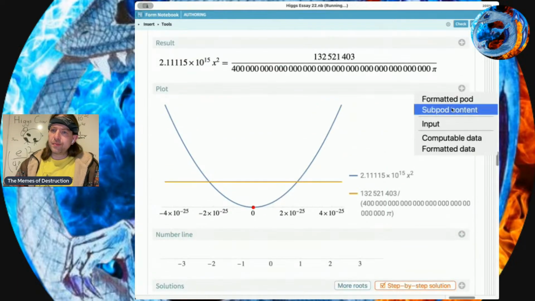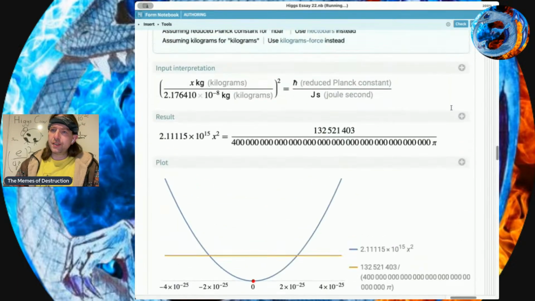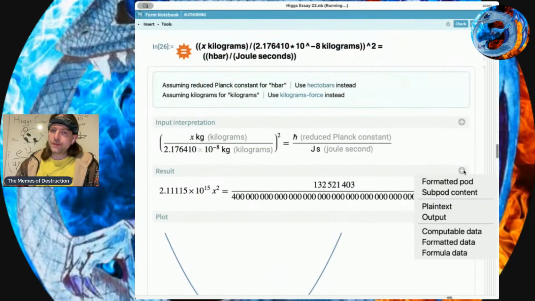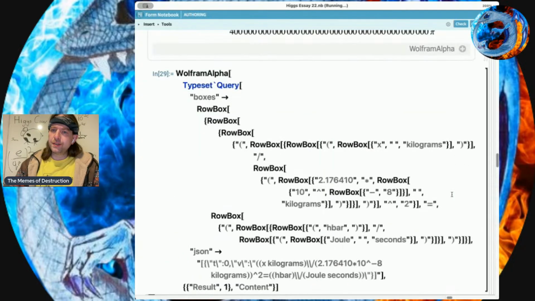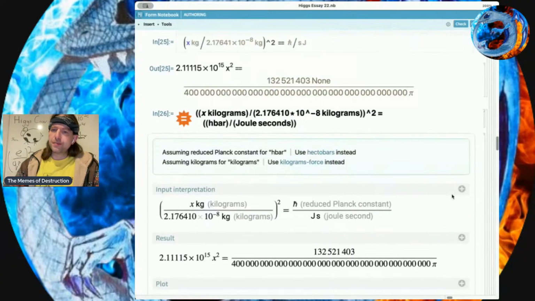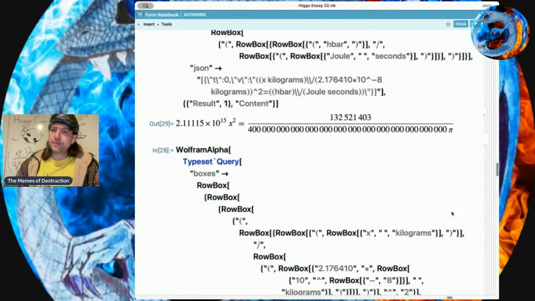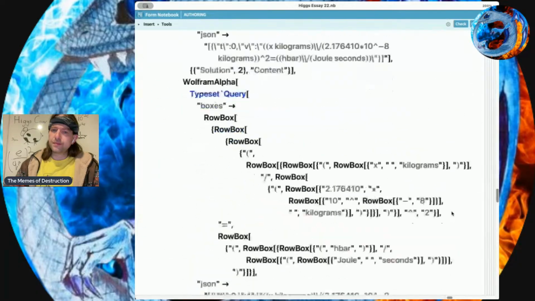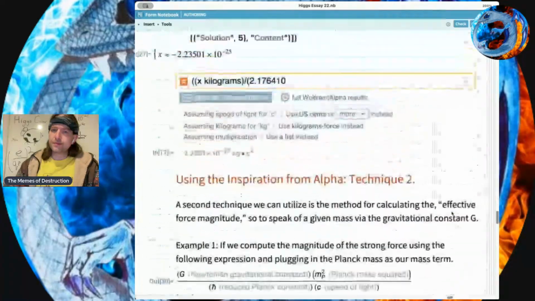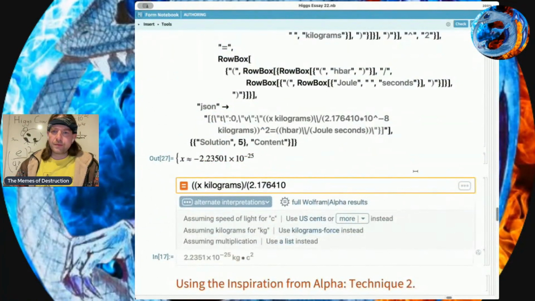Put our parabola, our expression, put our computation. S thingy in there.